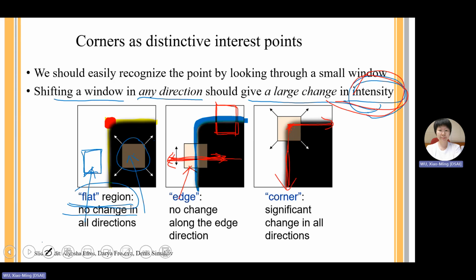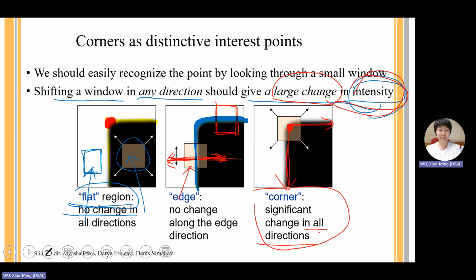In this case, if you move the window in any direction, will there be a significant change? Yes. If your window is at a corner position, then there will be significant changes in all directions.